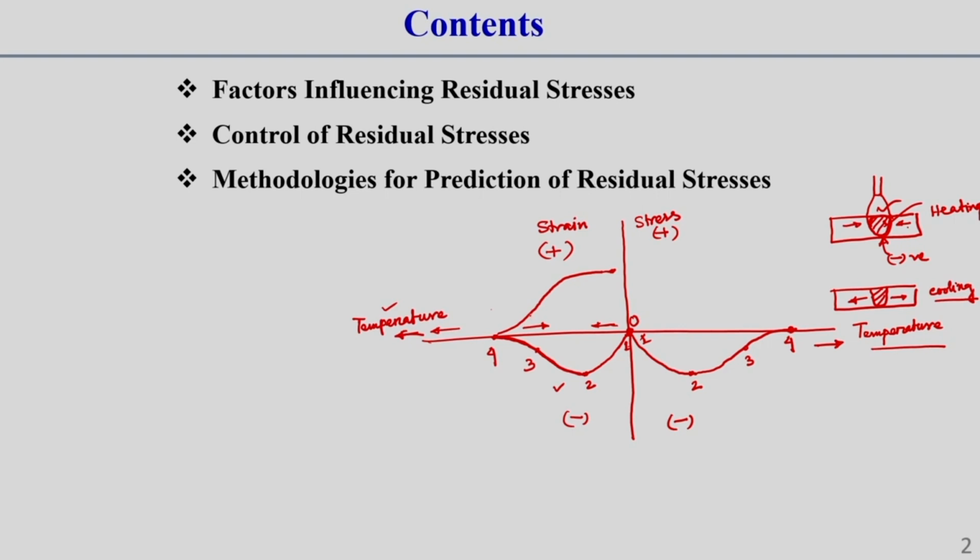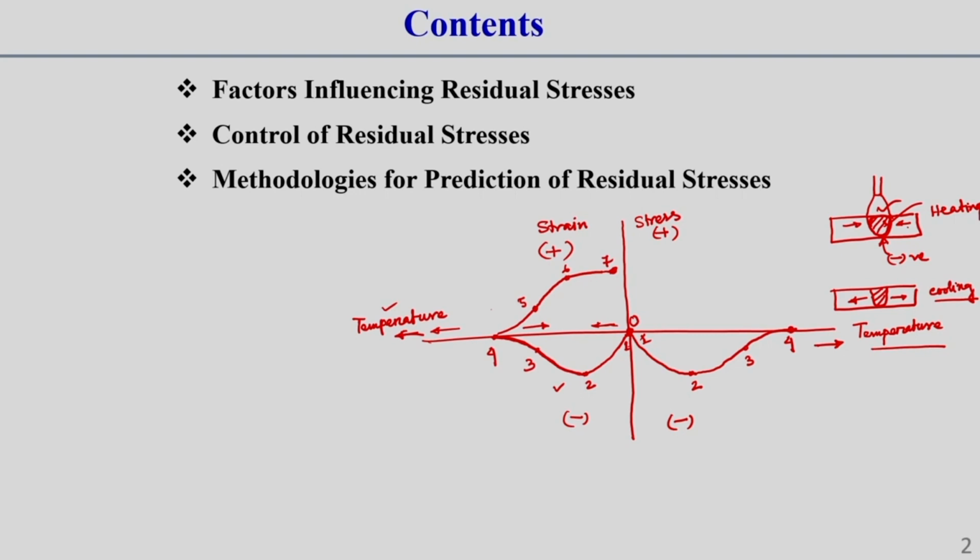That is why this shrinkage strain keeps increasing, say this is 0.5, this 0.6 and this 0.7, which is around room temperature. At room temperature, the strain reaches its maximum value, which is tensile in nature.